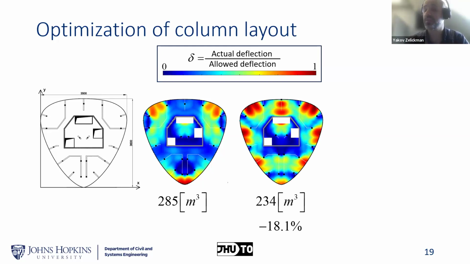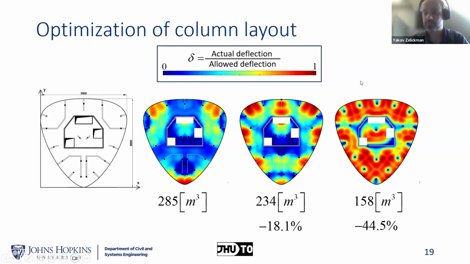And we see that even with this very restricted optimization, we get 18% savings in concrete, and also we see that more regions of the floor actually reach their allowed deflection, indicating better utilization of the material. And again, just to mention, we minimize the volume, and we use the relative deflection as a proxy or as a measure of the effectiveness of the floor.